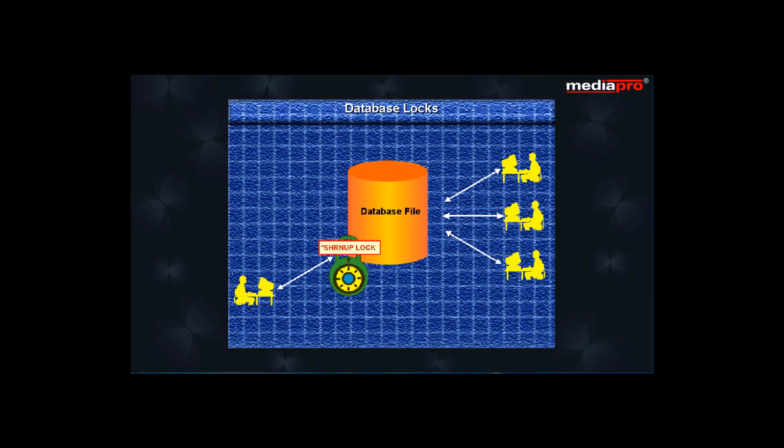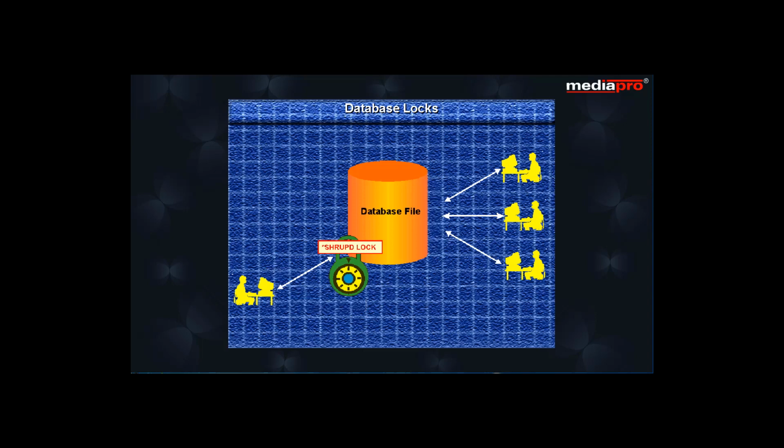A shared for no update lock ensures that the job that placed the lock has read access to the object. The job may also be able to update the object provided no other job has a conflicting lock on the object. In this case, other jobs can have only read access to the object.